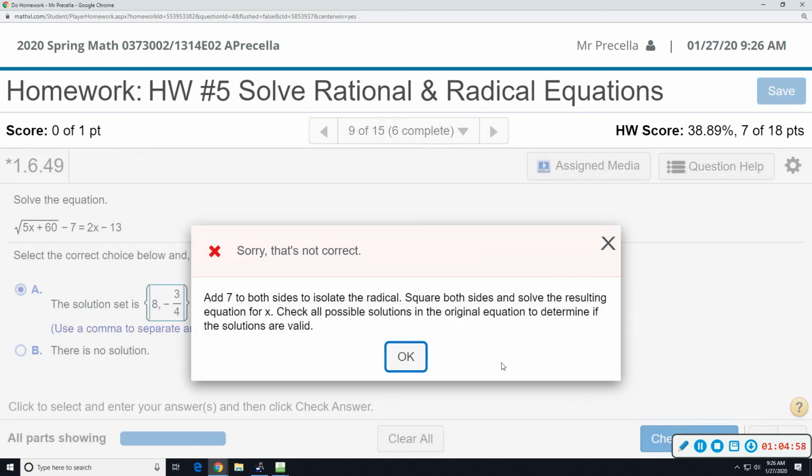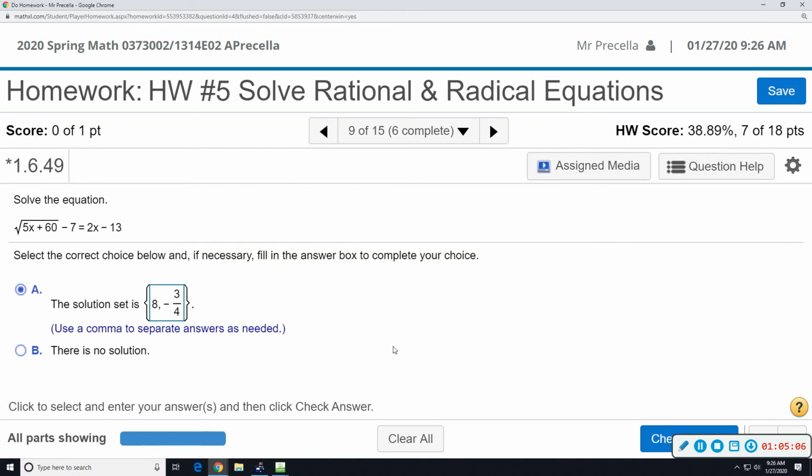No. Okay? So it talks me through. Add 7, square both sides, solve, check your solutions. Okay. Well, that means either the answer is no solution or one of these numbers isn't a solution. Well, let's figure out which one it is. As a general rule of thumb, before it makes you choose a similar problem, you can try guessing or getting the right answer 3 times.